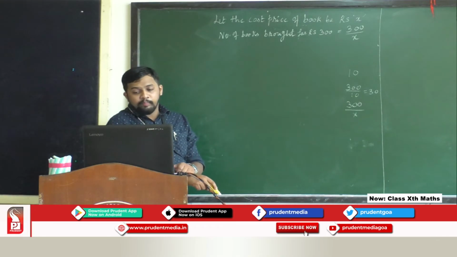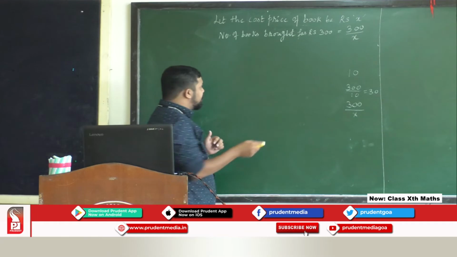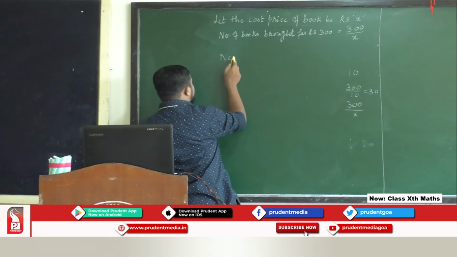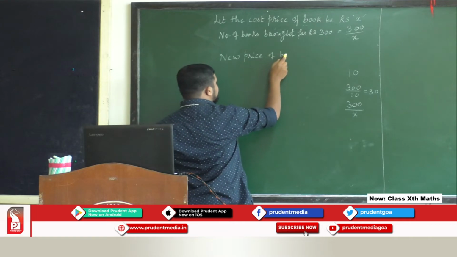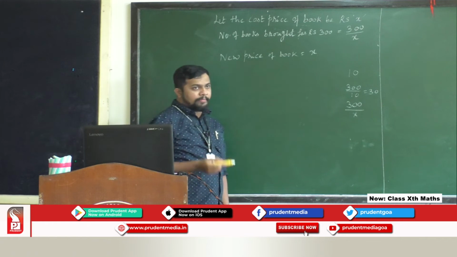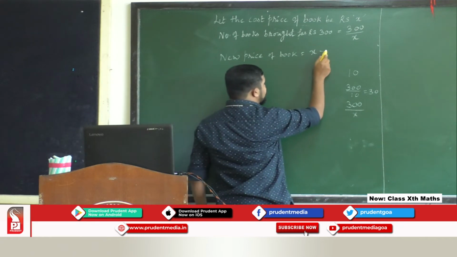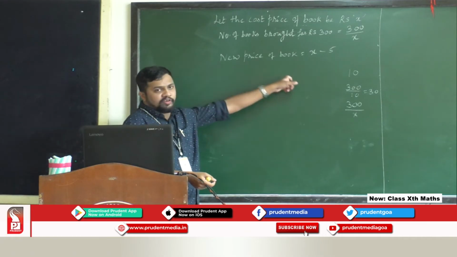Now he is saying the book price is reducing by 5. So I am now putting the new price of the book. Earlier price was x. Now it is reduced. Reduced means minus sign, or negative. So x minus 5 is the new price of a book.